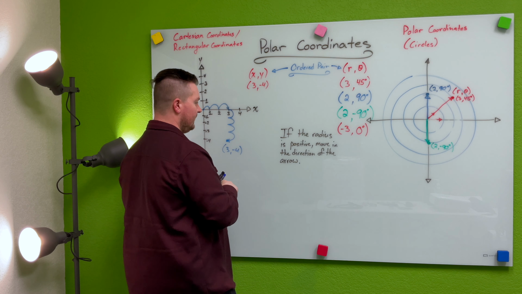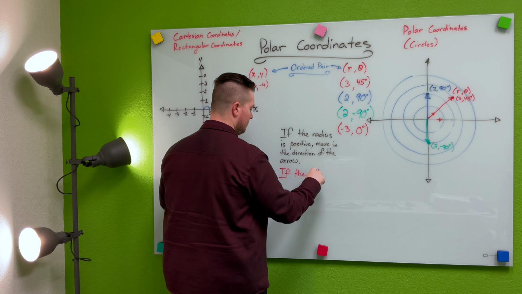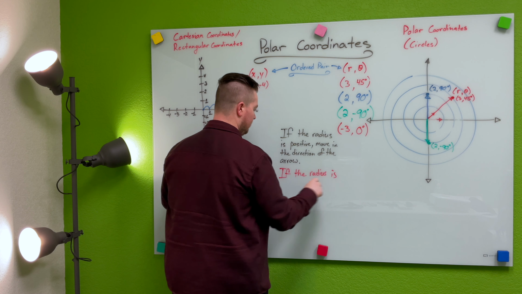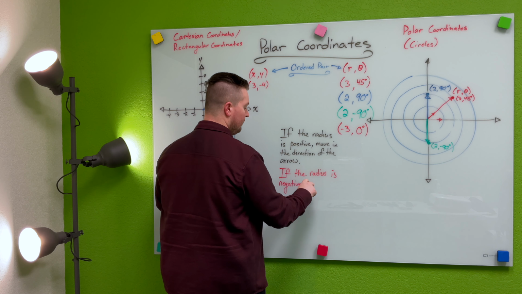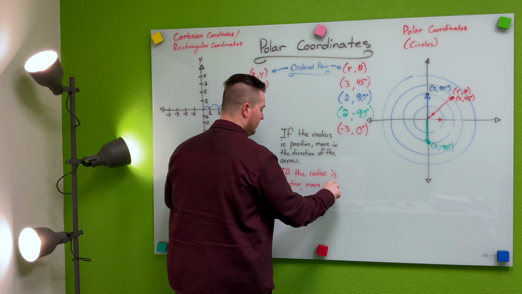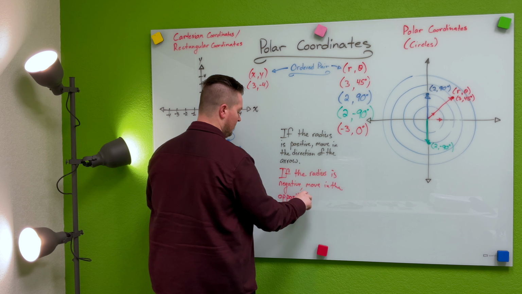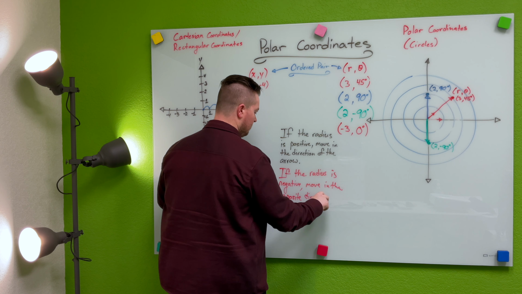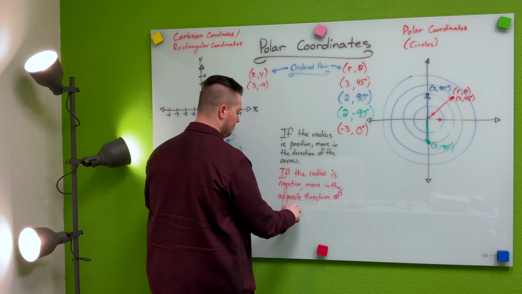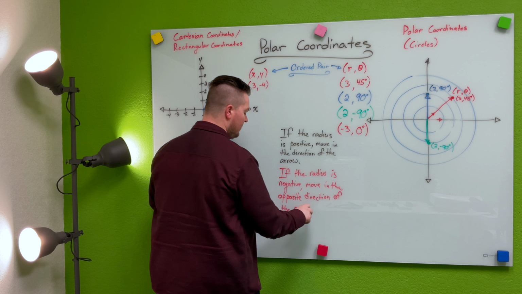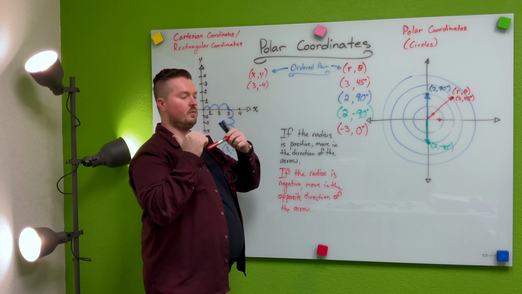Well, if our radius is negative, we move in the opposite direction. So we move in the opposite direction of the arrow. You can think of this as just going backwards. Positive means go forward, negative means go backwards.